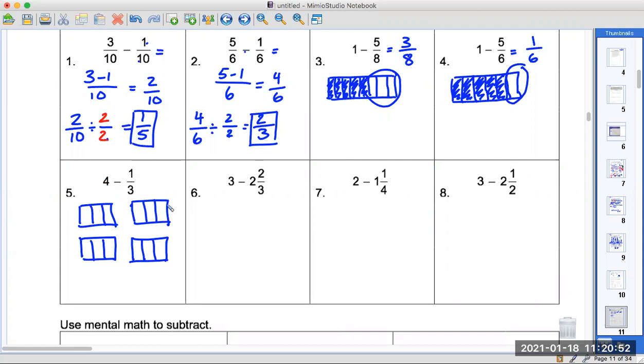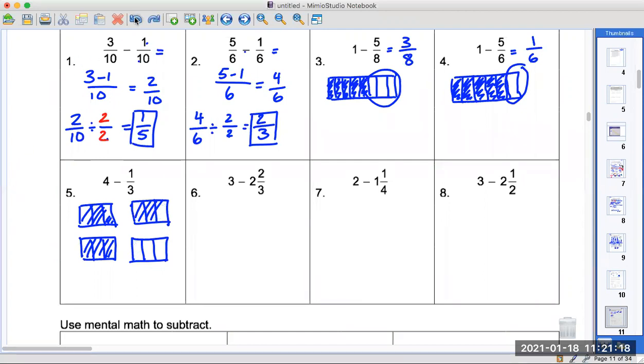I'm taking away 1/3. Oh, so I'm just shading all of these. This is 1 whole one, 2, 3. This is my last one. I'm taking away 1/3. Oh, oh no, I didn't do that right. Nope. I need to go back.